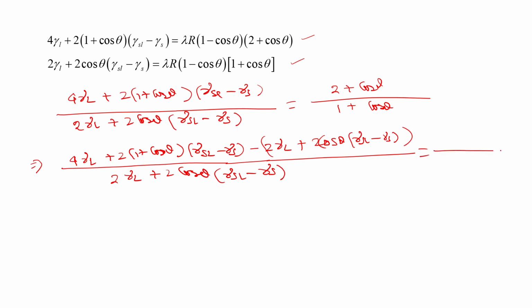That is equal to (2 plus cos theta minus 1 minus cos theta) divided by (1 plus cos theta). So, this is equal to 1 by (1 plus cos theta).